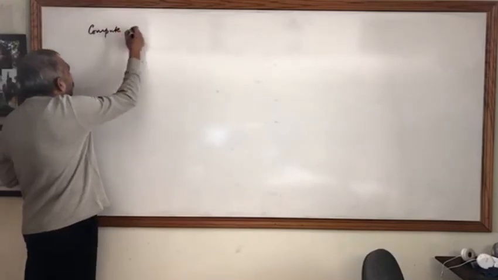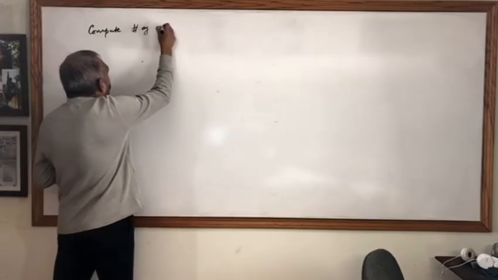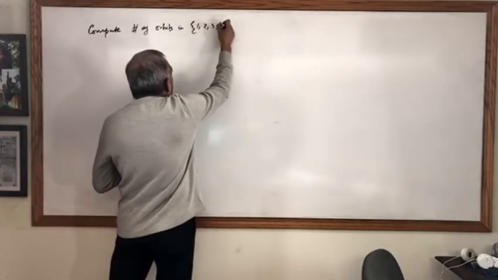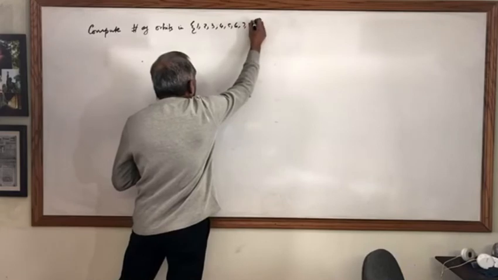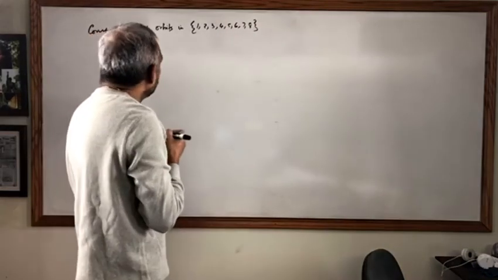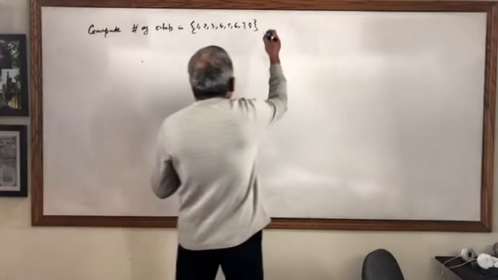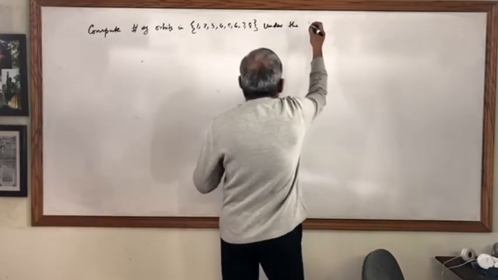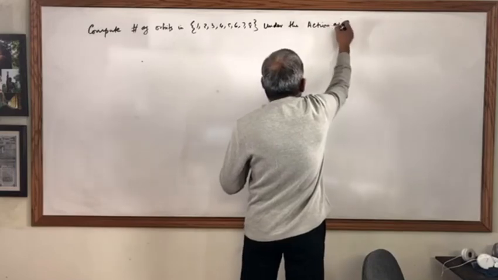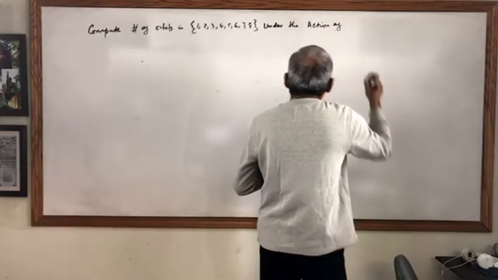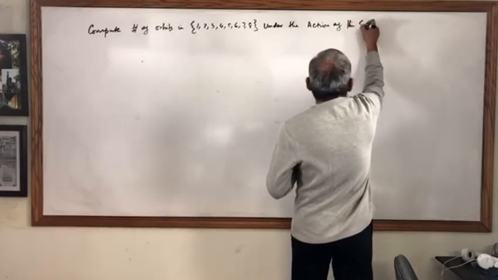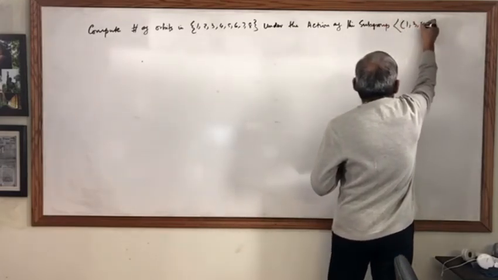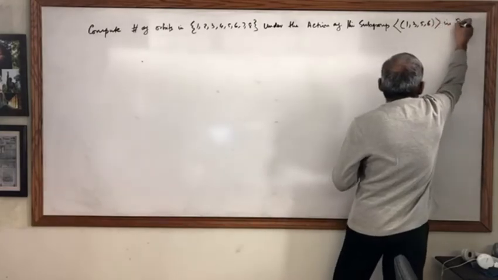Compute the number of orbits in 1, 2, 3, 4, 5, 6, 7, 8 under the action of the subgroup generated by (1, 3, 5, 6) in S8.